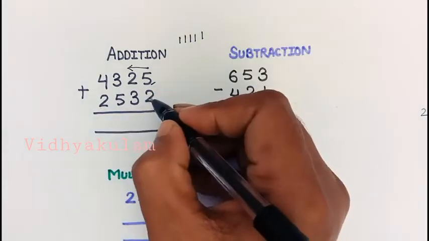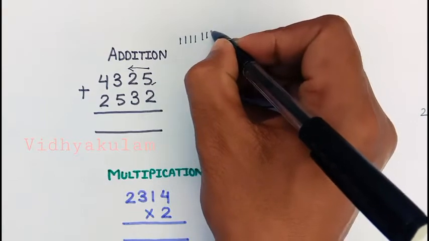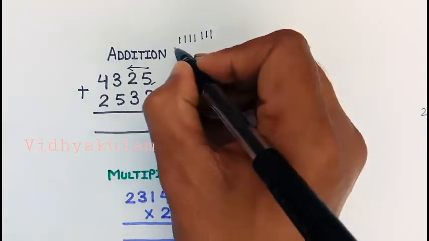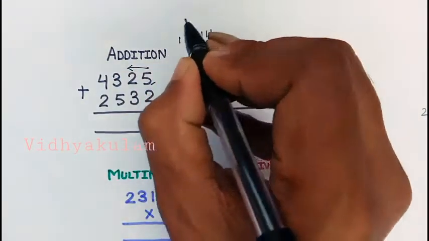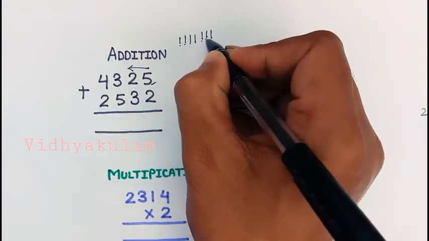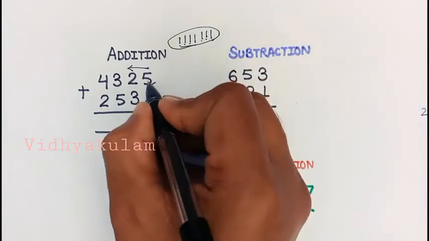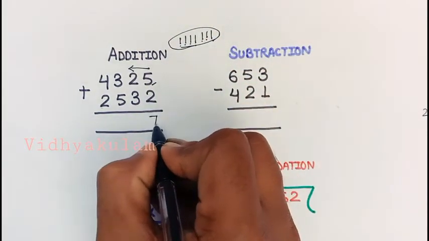Now we want to add 2 more, then draw 2 more lines. Now count them all together: 1, 2, 3, 4, 5, 6 and 7. So it's 7. So here we will write 7.